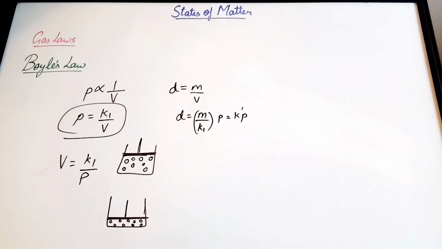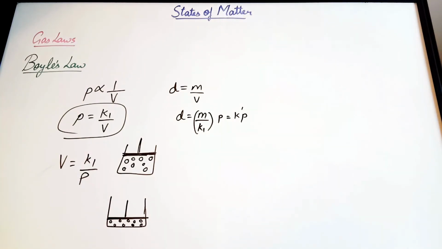There's one more thing that I'd like to say before we finish up with Boyle's law. Boyle's law is only for a hypothetical gas called the ideal gas. We'll be learning about this in detail when we talk about the ideal gas equation. So for example, let's take nitrogen, oxygen, carbon dioxide.